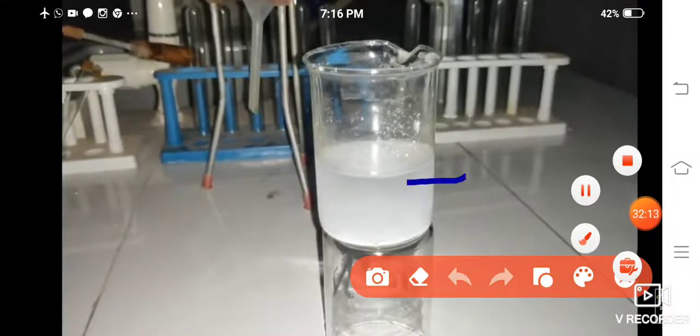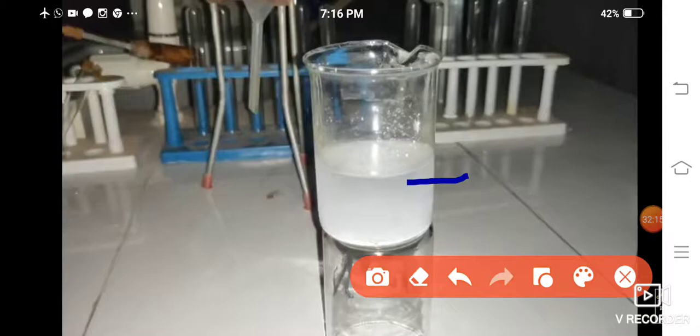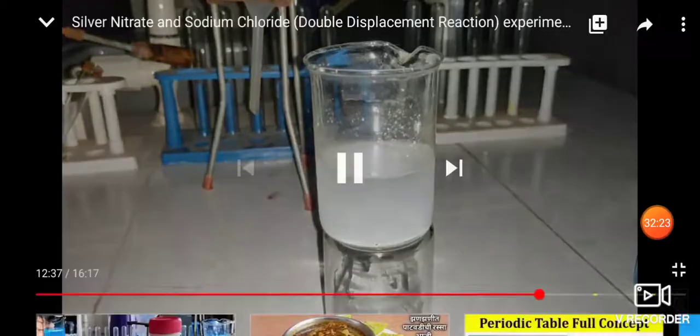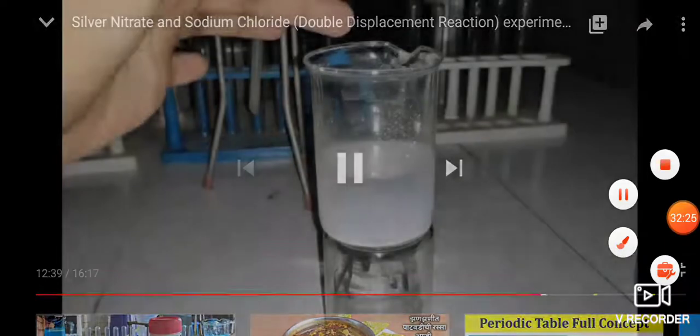Wait, let me show it to you. See this upper solution, and the precipitate you can see over here down which has settled. You can see the precipitate below. Yes, white color precipitate.